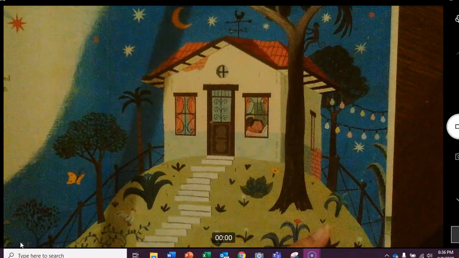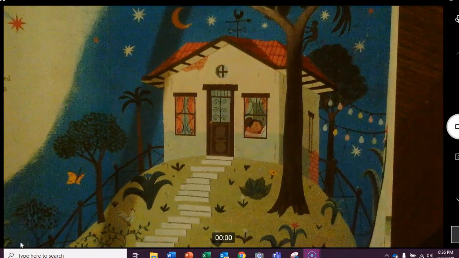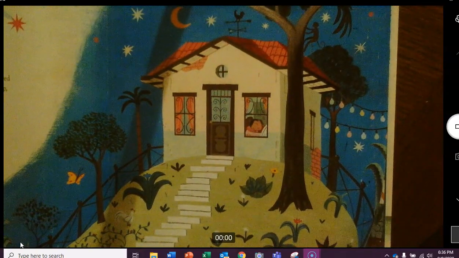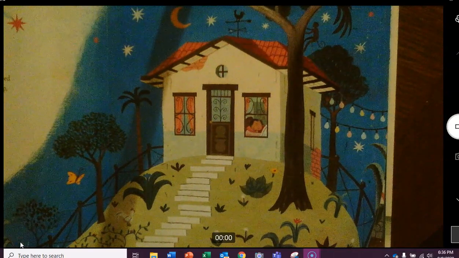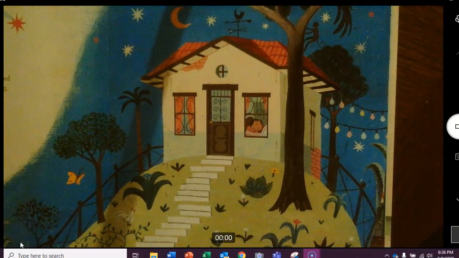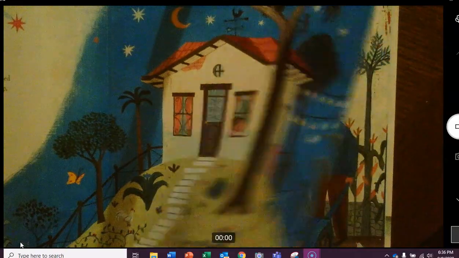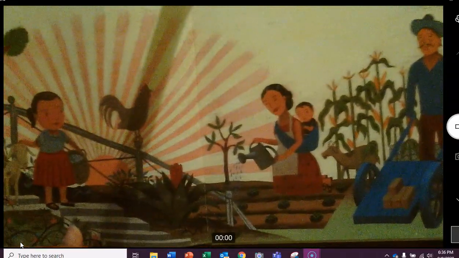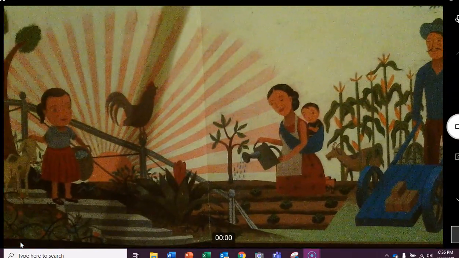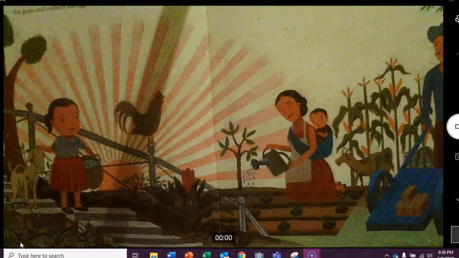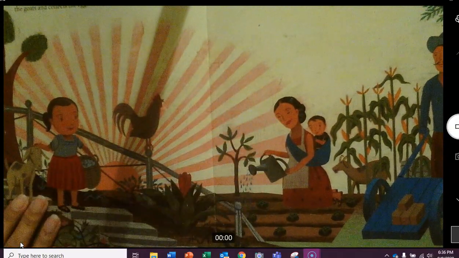Let's practice. I want you to notice some key details in the next page and I want you to create an I wonder question. Looking at this page, think of an I wonder question. Think.